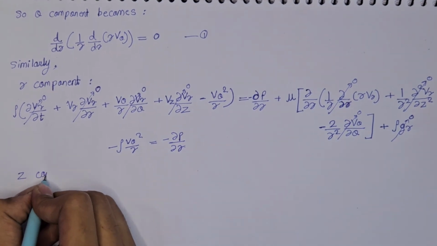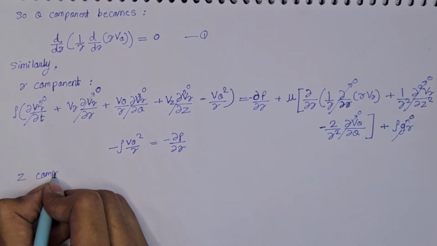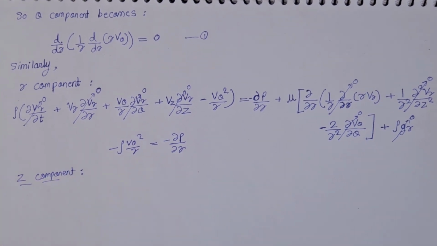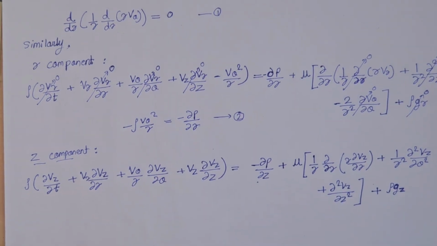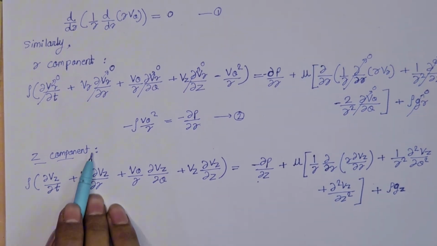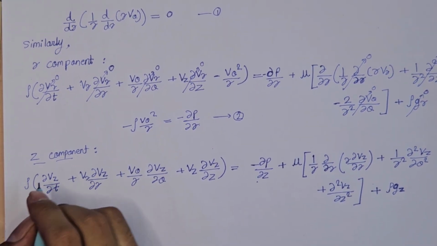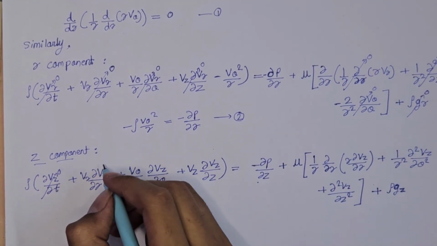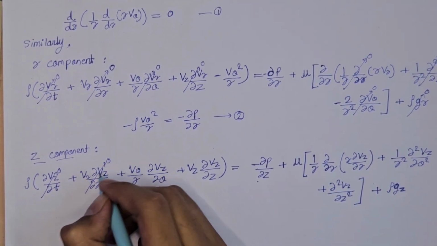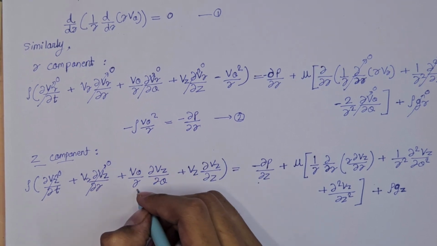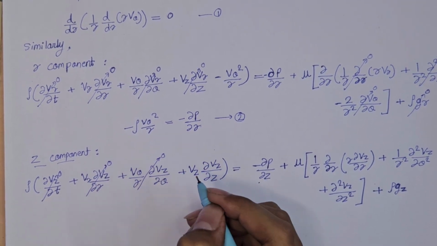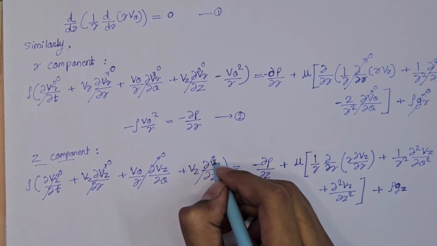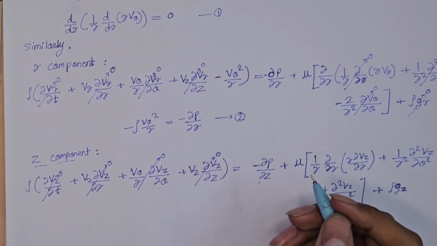So for the z component, let us see. Again this term is also 0 because vz is 0. This term also becomes 0 because vr is 0. Similarly, this term also becomes 0 because vz is 0, and again this term will also be 0 because vz is 0.